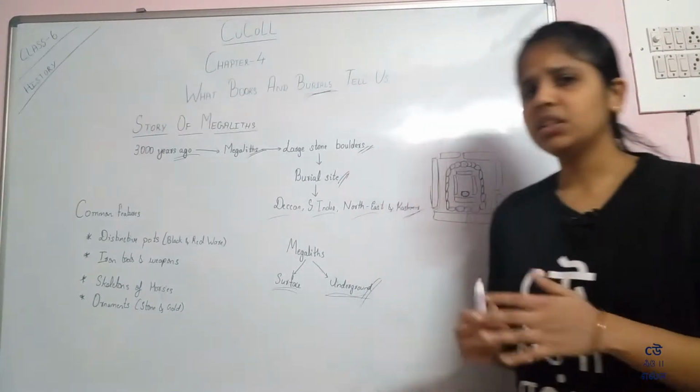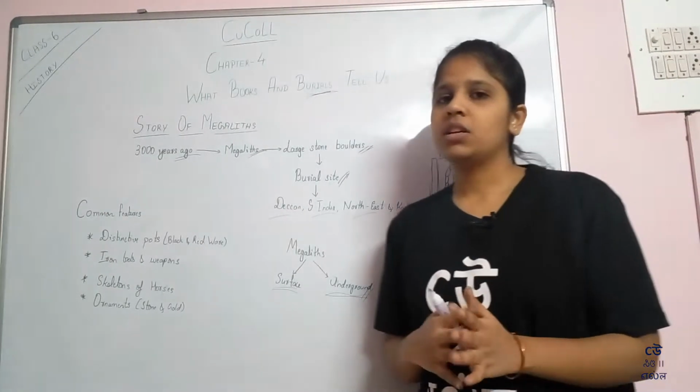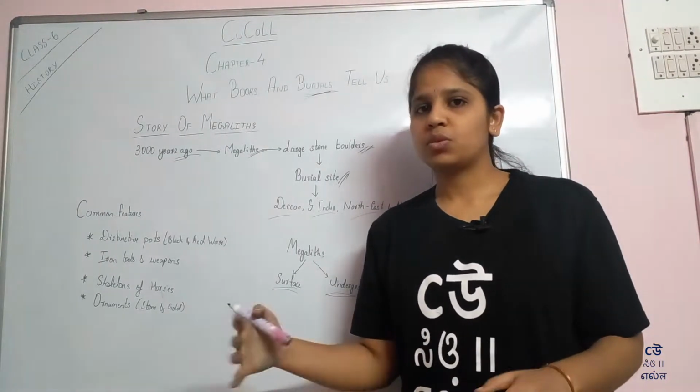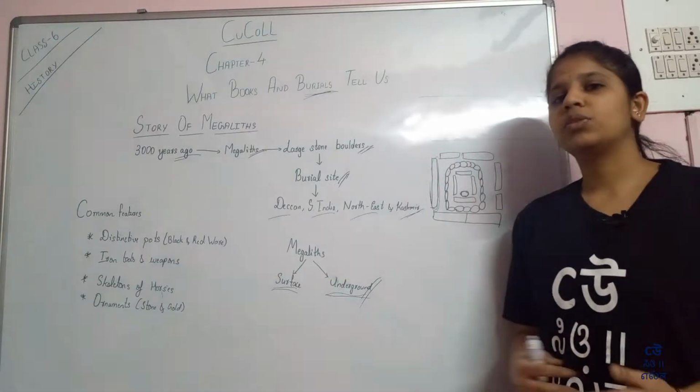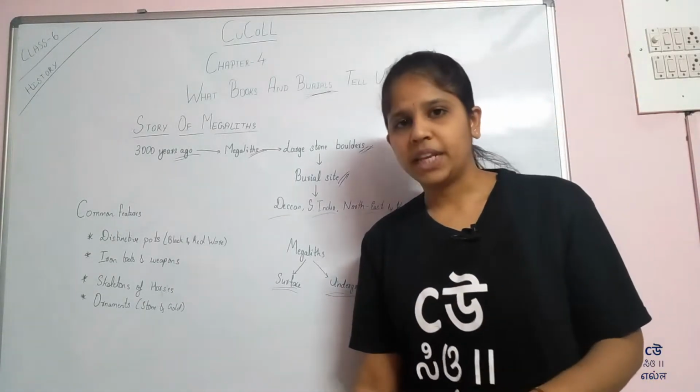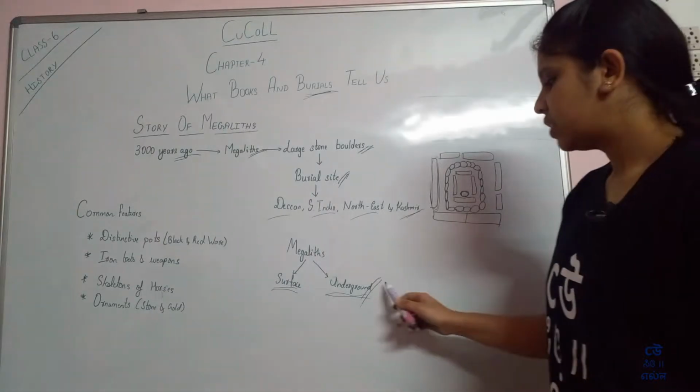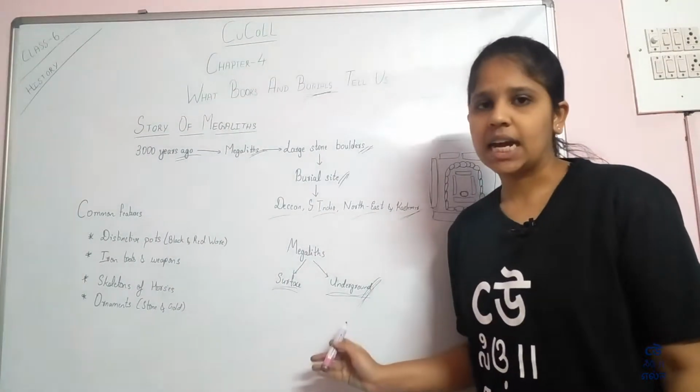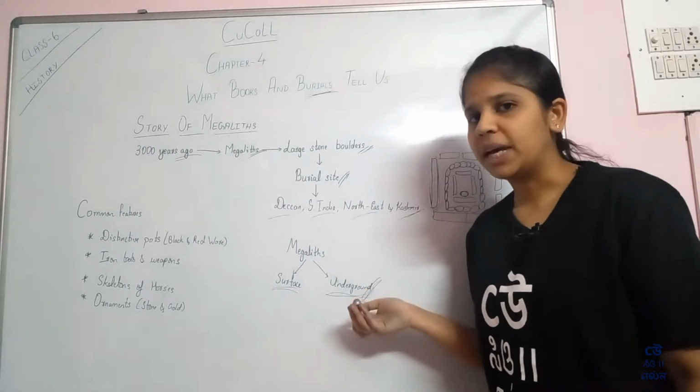They used to place the stone boulders so that they can get to know that there is a burial beneath. That is how they used to recognize the underground megalith.